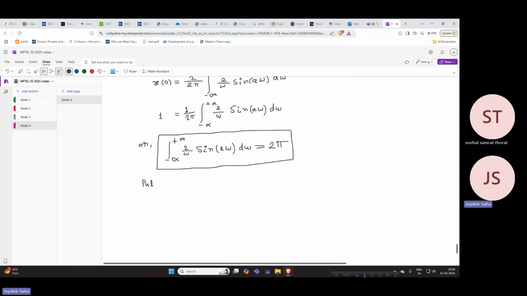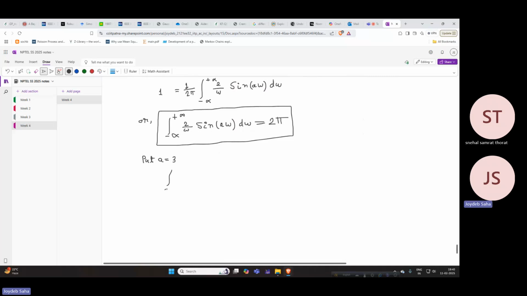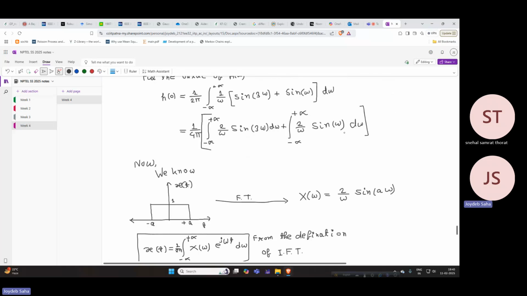So, this is a is equal to 3, integral from minus infinity to plus infinity of 2 upon omega sine 3 omega d omega is equal to 2 pi, because it doesn't depend upon a, and put a is equal to 1.